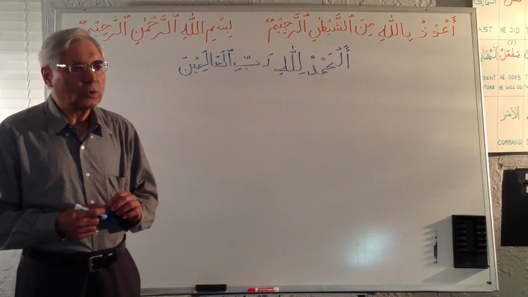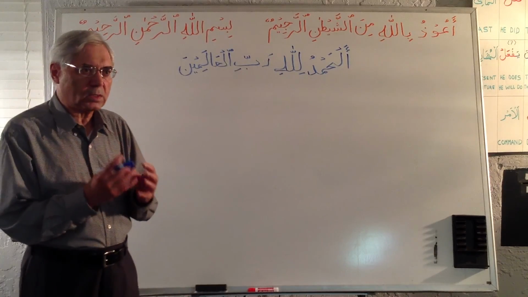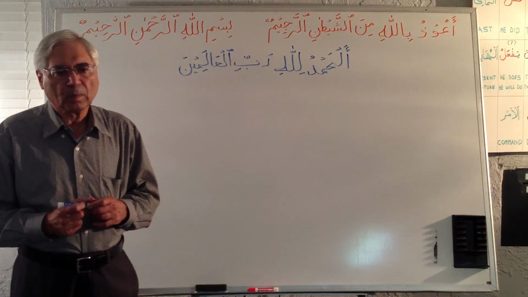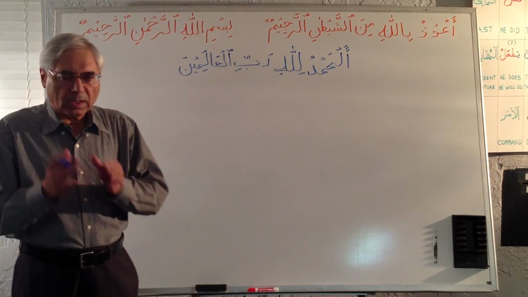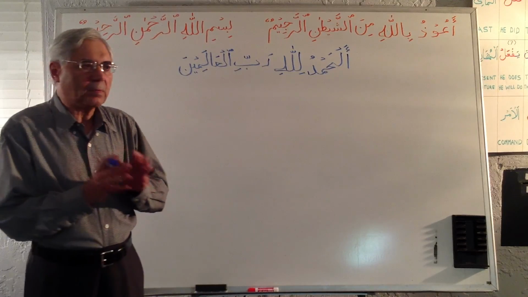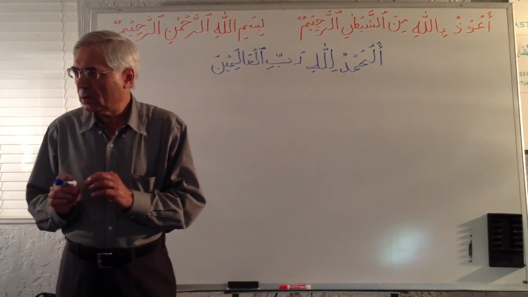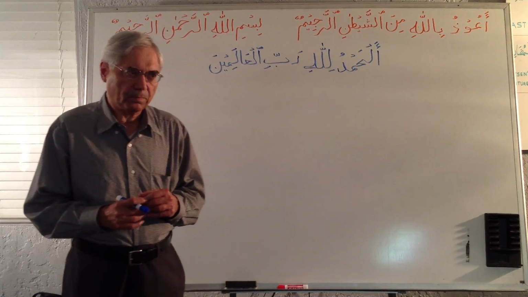And number two, that when you take some words in Arabic language, especially I'm talking about the Quran, and you make a sentence out of that, each word has some effect on the neighboring word. Each word has some effect and it modifies the sound of that word.